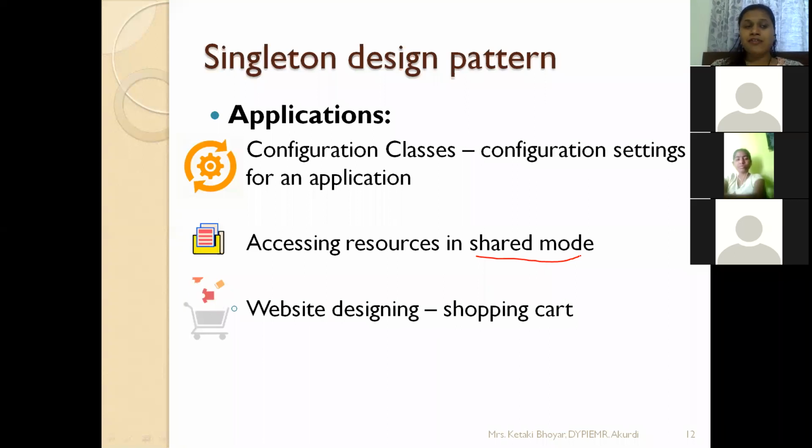And if anyone removes that particular document, then this change is reflected with all the participants with whom that document was shared. So here we are having a single instance of that shared file. We are dealing with a single instance of that particular document or application. So here we are using the singleton design pattern.